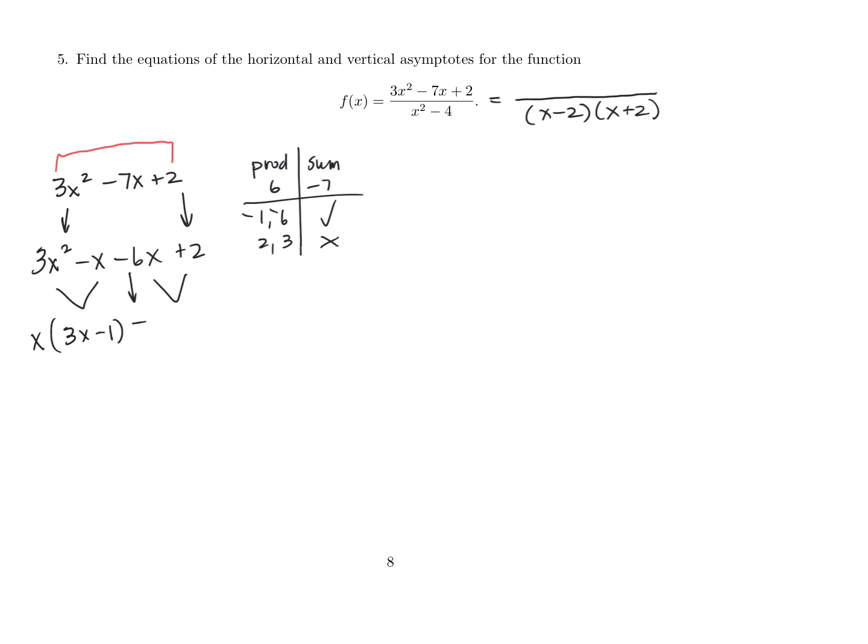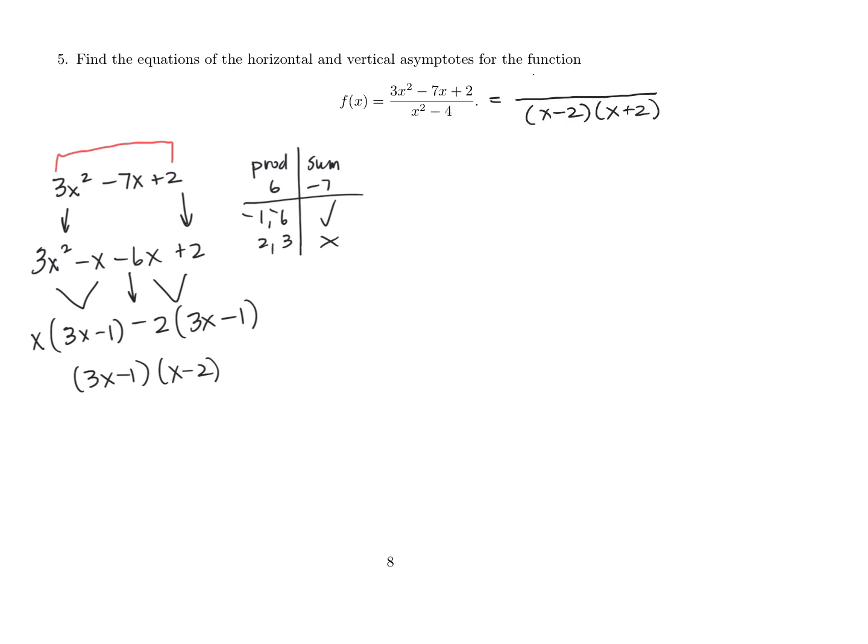Bring down the minus. What's in common with the next pair? 2. When you factor out a -2, it's going to change the signs. So we'll have a positive 3x minus 1 left. So you can see that we have 3x minus 1 in common now, and then x minus 2 will be the other factor.